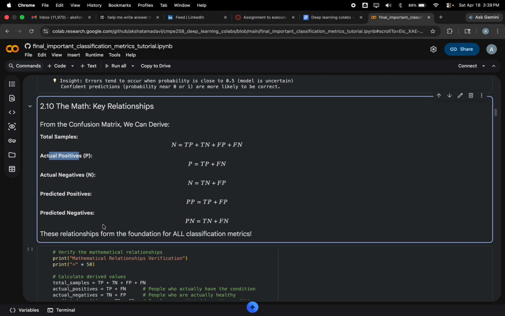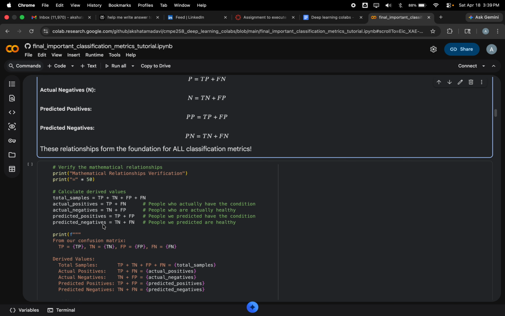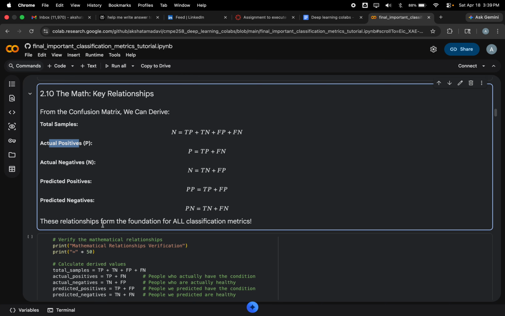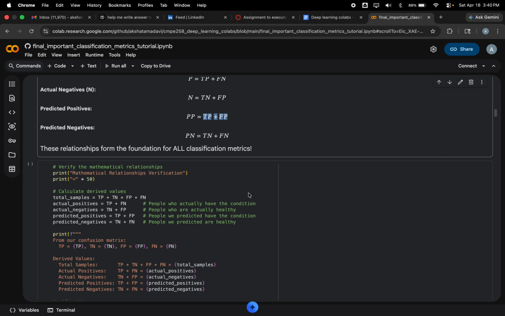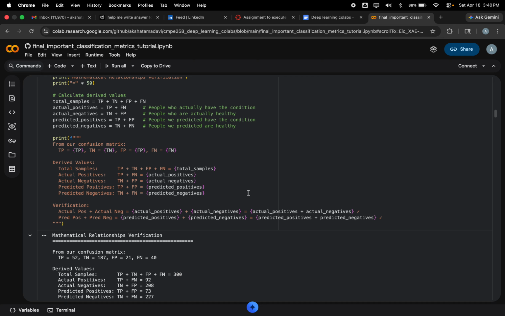These relationships form the foundation of all the classification metrics, which we will look at shortly. Here n is the total number of samples, which is true positives, true negatives, false positives, and false negatives. Actual positives are those which are actually positive: the true positives which we predicted correctly, plus the false negatives. Actual negatives, on the other hand, is this. Predicted positives are true positives plus false positives.